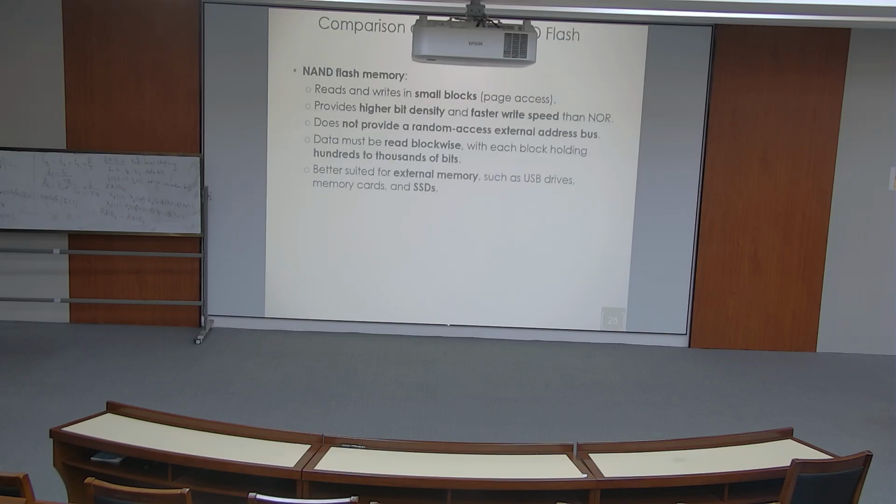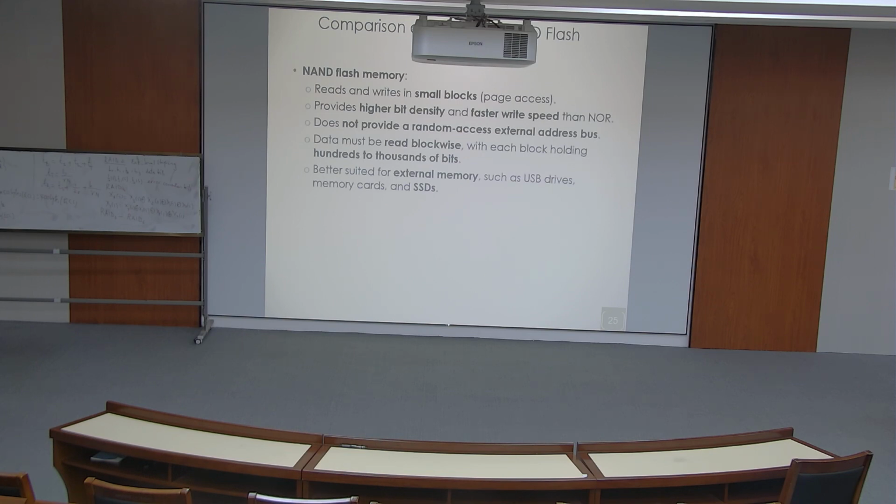For NAND flash memory, data needs to be read or written to the memory in small blocks that we call page access. It provides a higher bit density, and it does not provide any random access for the external address bus. The data needs to be written and read block-wise.